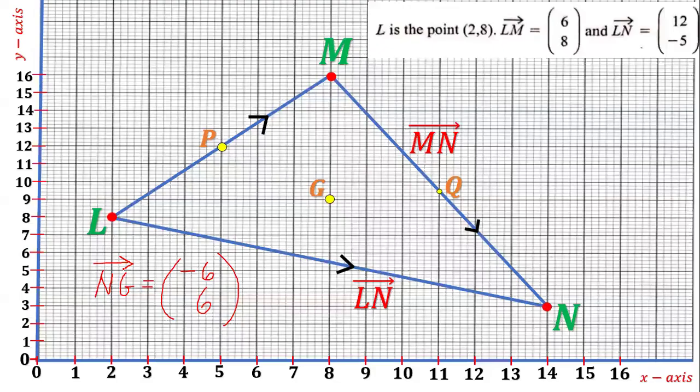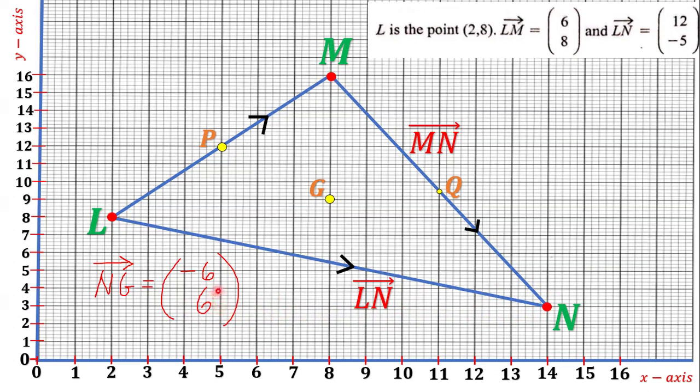All right, what else do we need to know? We need to know what NP is. NP means that we go from N to P. We did this already, but let's do it again. 1, 2, 3, 4, 5, 6, 7, 8, 9. This is 9 times to the left, so that's going to be -9.